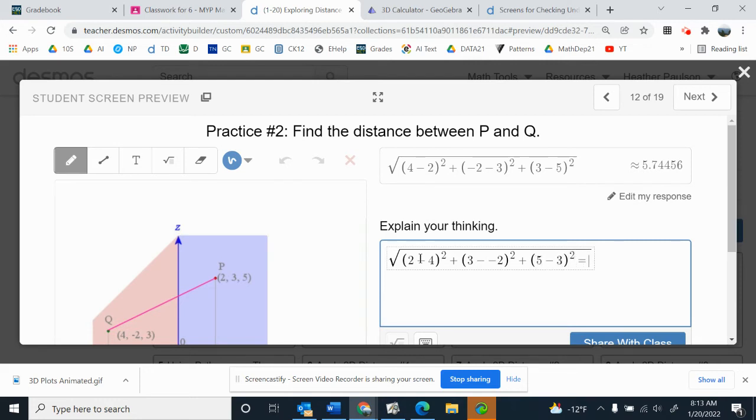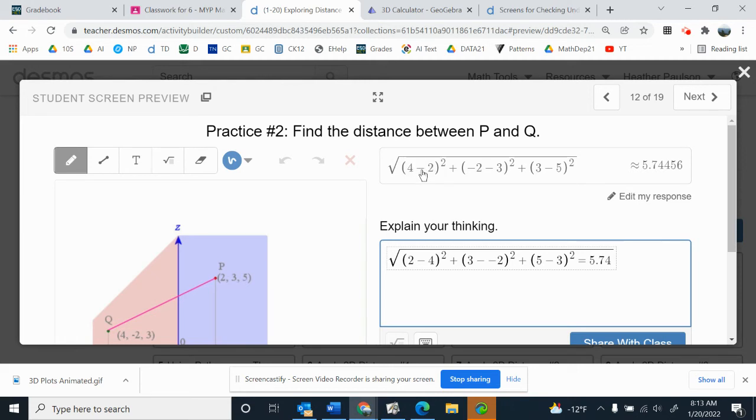That is going to be the same 5.74, because look inside the parentheses. What's 4 minus 2? 2. What's 2 minus 4? Negative 2. Take that negative 2 and square it. Take that positive 2 and square it, and you get the same value.